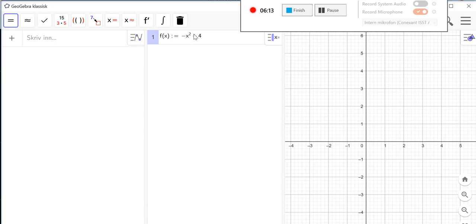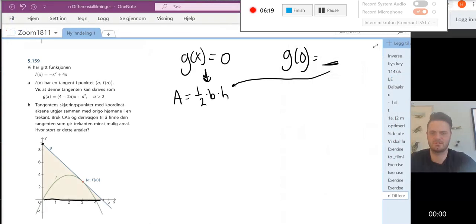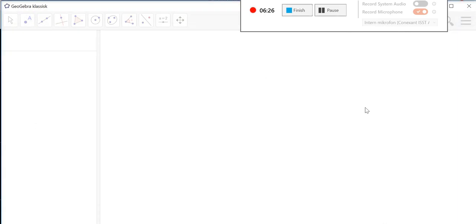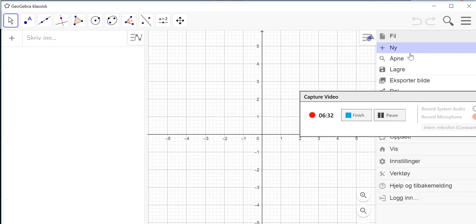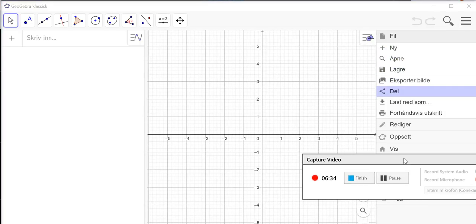This was the parabola, right? No, still not working. Then we have to open the program again. I would really like to show this. Let's get CAS up and running here.